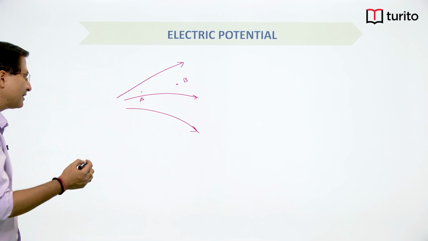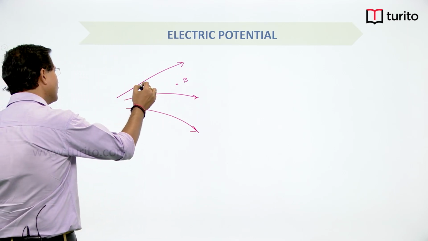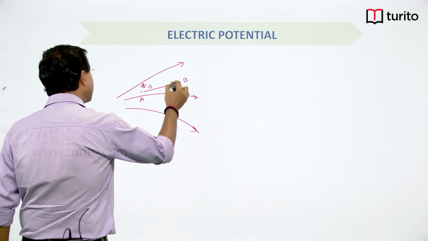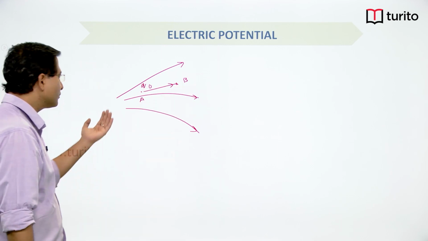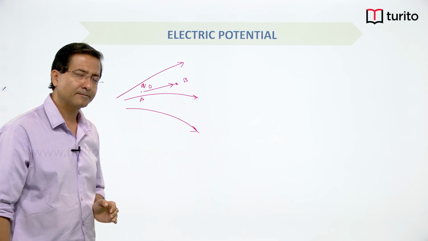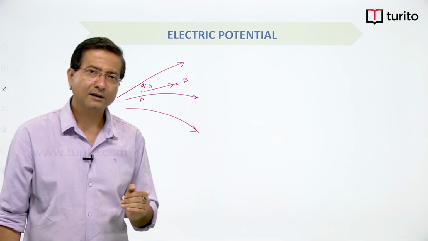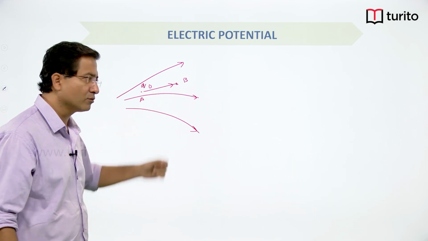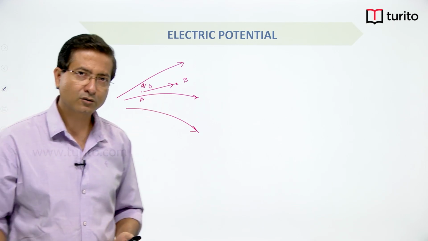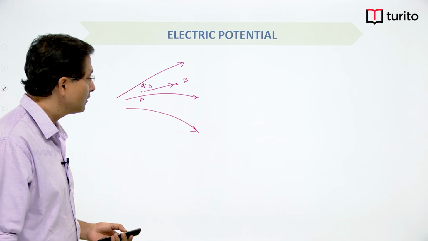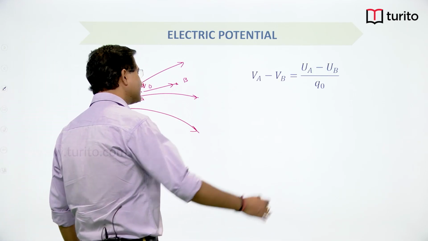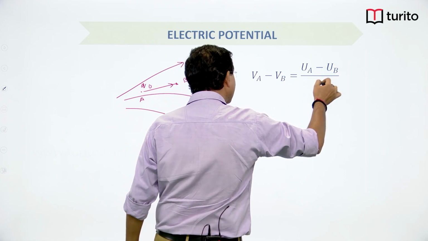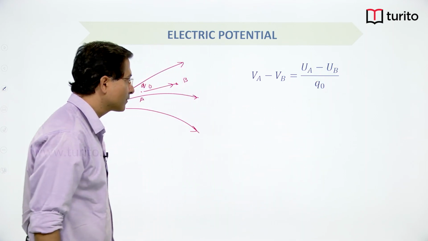So I have taken a test charge which I am moving, say directly from this point to this point. Whatever be the change in potential energy associated per unit test charge, that will be the potential difference between these 2 points, right. So this is the definition. So potential difference between points A and B is the change in potential energy per unit test charge, right.